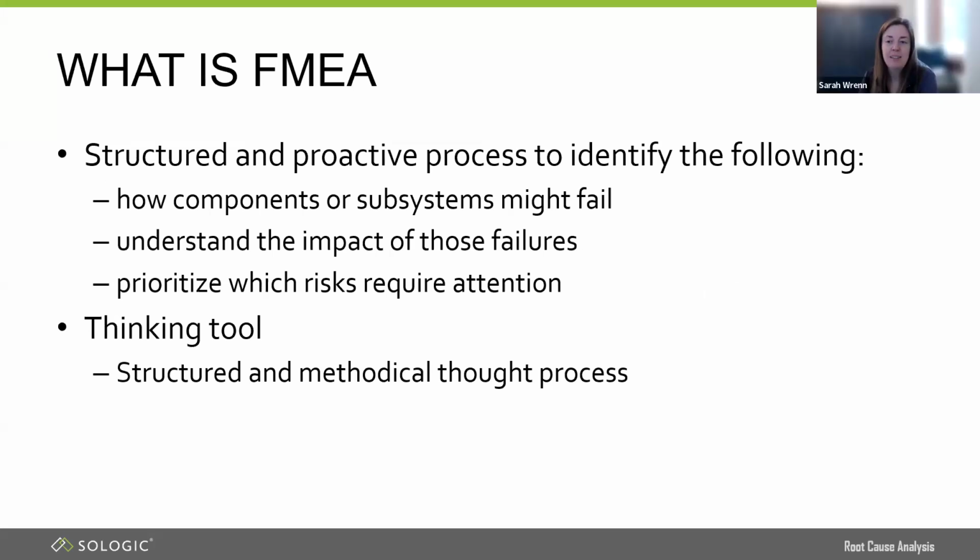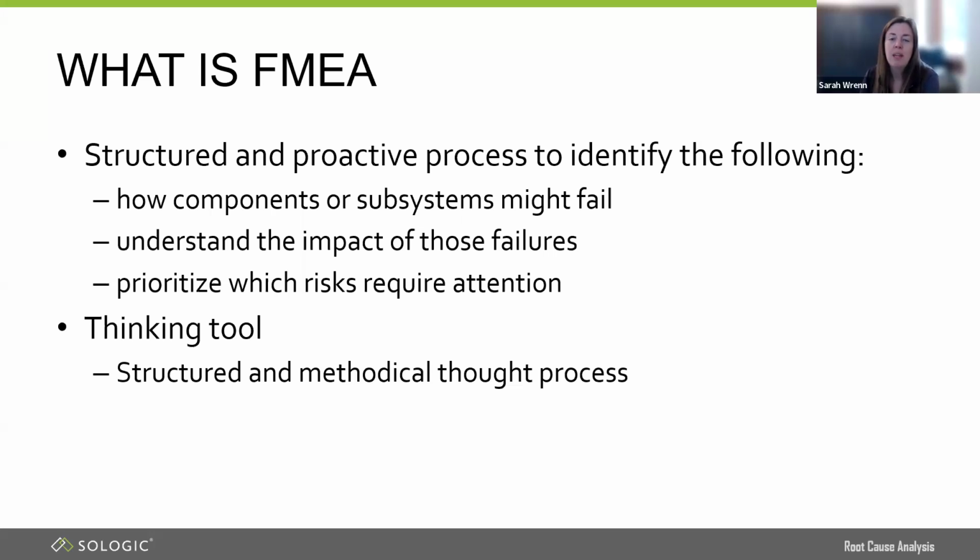Sure. So FMEA stands for Failure Modes and Effects Analysis. At its core, FMEA is a thinking tool. It's a structured way of asking what could fail, what would happen, and what should we do about it. It helps teams to identify how components or subsystems might fail, to understand the impact of those failures, and then finally, to prioritize which risks deserve attention.